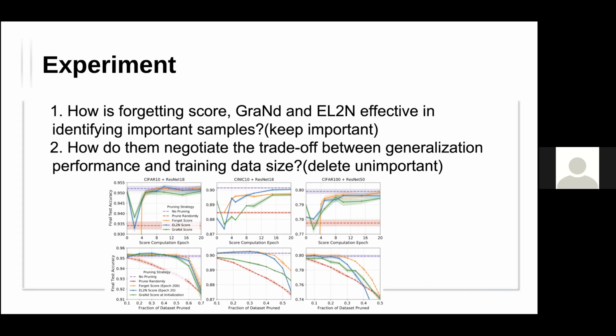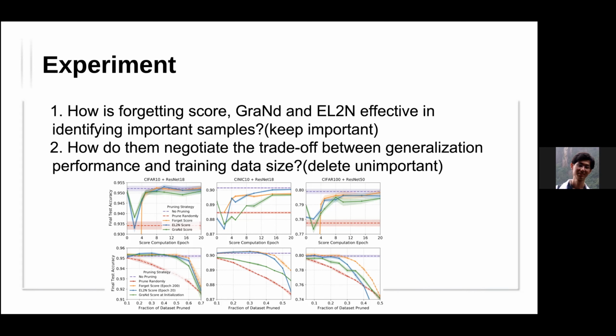If they do train it for 20 epochs and then calculate the score, instead of at initialization, they calculate more of it, right? So they look at the initialization and calculate the gradient score. Maybe the initialization is not that accurate. And we train it for a while, right? For EL2N, you train the first 20 epochs, and also train the 20 epochs multiple times.